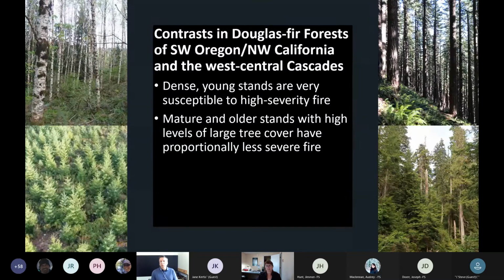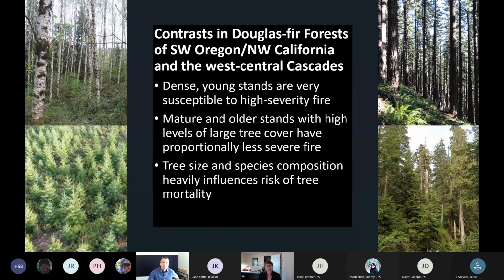So that's a bit of a difference from our drier forest types. That's not to say that mature stands of larger diameter trees with dense canopies in west side forests can't burn at high severity. They can, but they may be at lower risk of high severity. Studies suggest they might be at lower risk of high severity fire than younger stands, essentially.